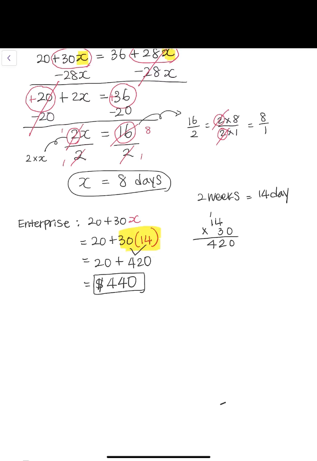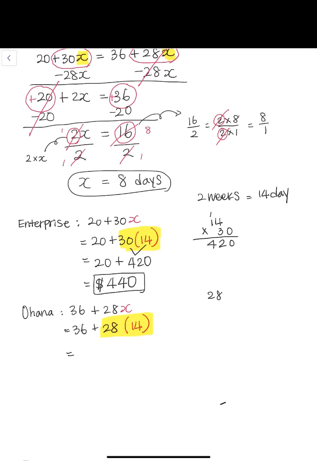And let's go to the Ohana company, which is 36 plus 28x, and then we're going to substitute this x with 14 days, because we're trying to find out 14 days. And then we see these parentheses over here. We're going to have to take care of that first.